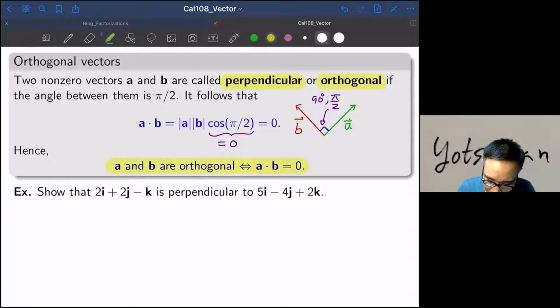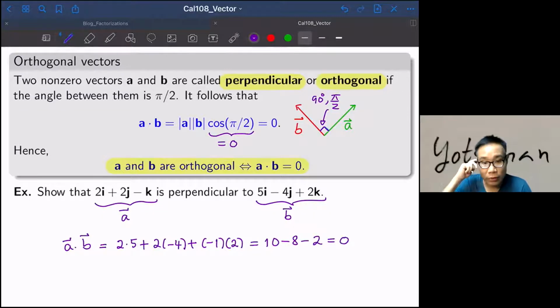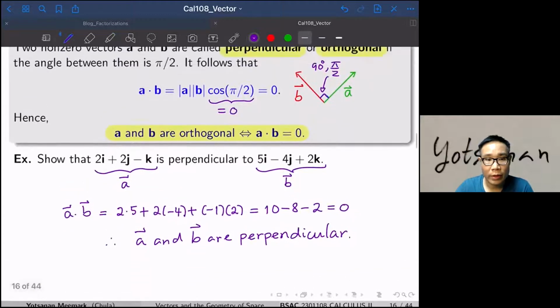I'm going to call the first one A and the second one B, and compute A dot B. A dot B is 2 times 5 plus 2 times negative 4 plus negative 1 times 2, which is 10 minus 8 minus 2, equal to 0. So A and B are perpendicular.